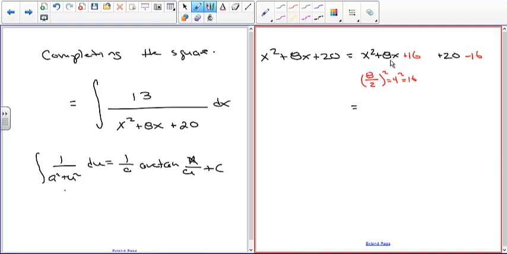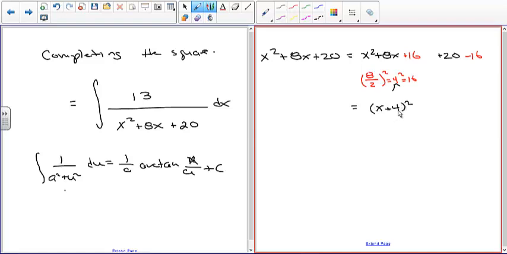Things are unchanged. Now, because of the procedure I used, I can always collapse this into x plus or minus something, and the number that goes with x is 8 divided by 2. If it's negative 8 divided by 2, it means negative 4. So it's plus 4, and then you square the whole thing.